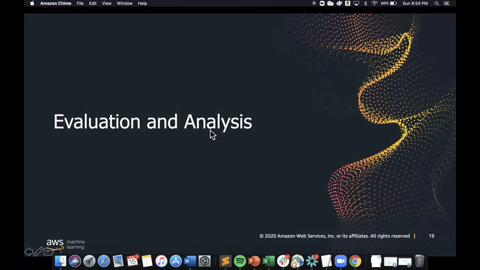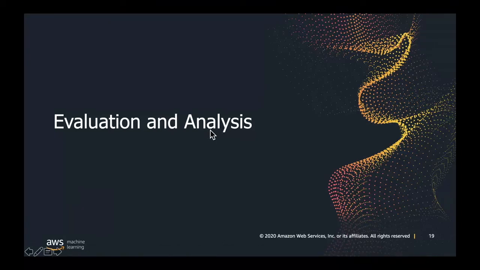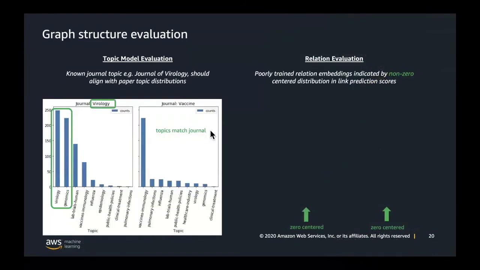So now moving on to evaluation and analysis. Because we didn't have a ground truth, we tried an approach of looking at both the graph structure and the models through different lenses. First, in the graph structure, the journal topics should be highly related to the topics more present in the papers associated with a specific journal through our graph.